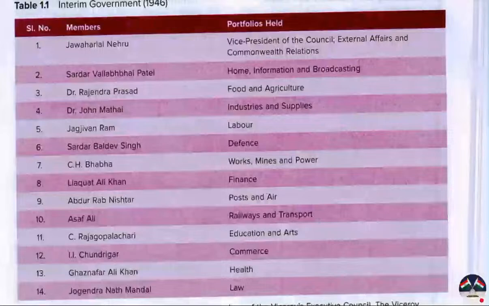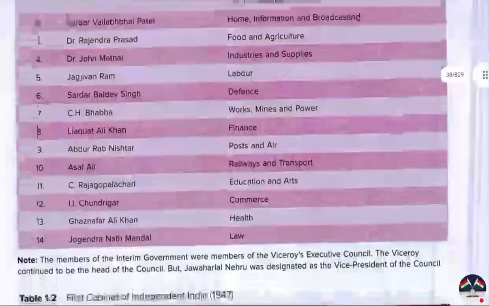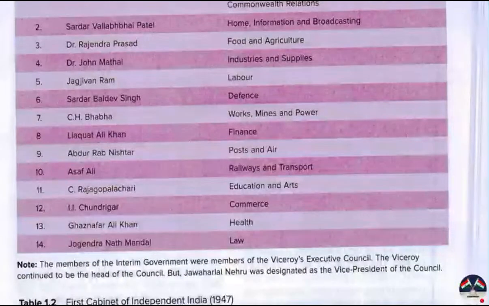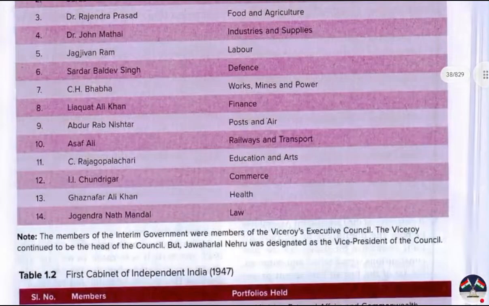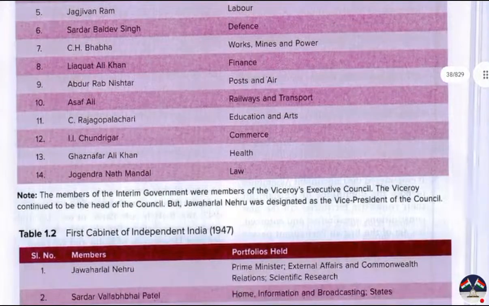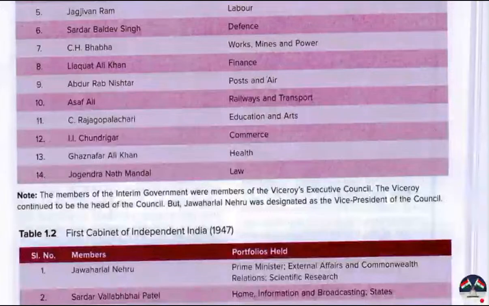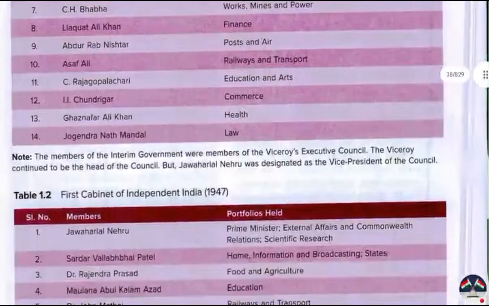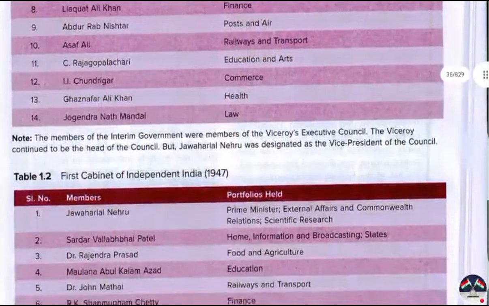And Dr. John Mathai industries and supplies, and Jagjivan Ram labor, Sardar Baldev Singh defense, C.H. Bhabha works, mines and power, and Liaquat Ali Khan finance. Besides that, Abdur Rab Nishtar was posts and air, and Asaf Ali railways and transport.